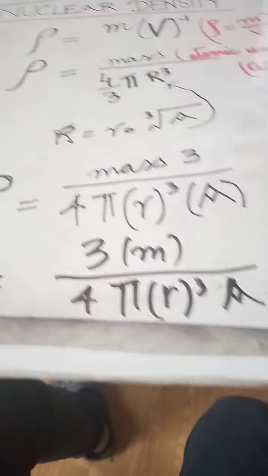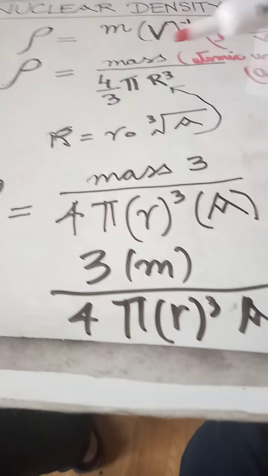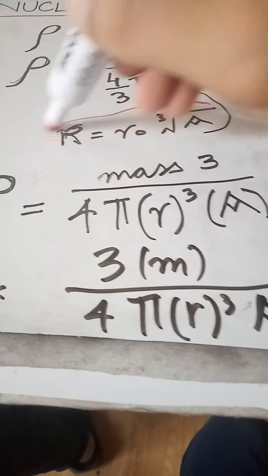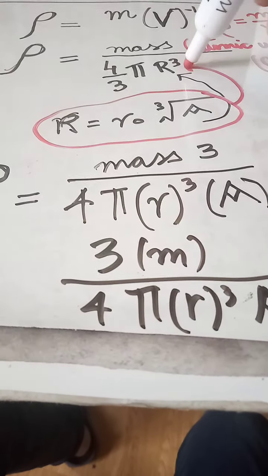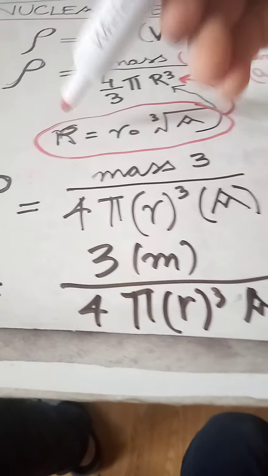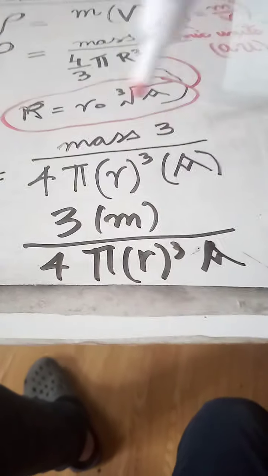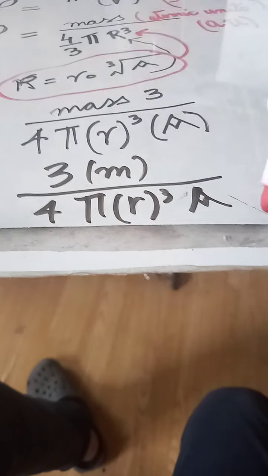And then you'll have 4/3 pi r cubed, but you'll be using this one over here. And then you'll plug that in to get this, 3m over 4 pi r cubed, A in atomic unit. This is how things are.